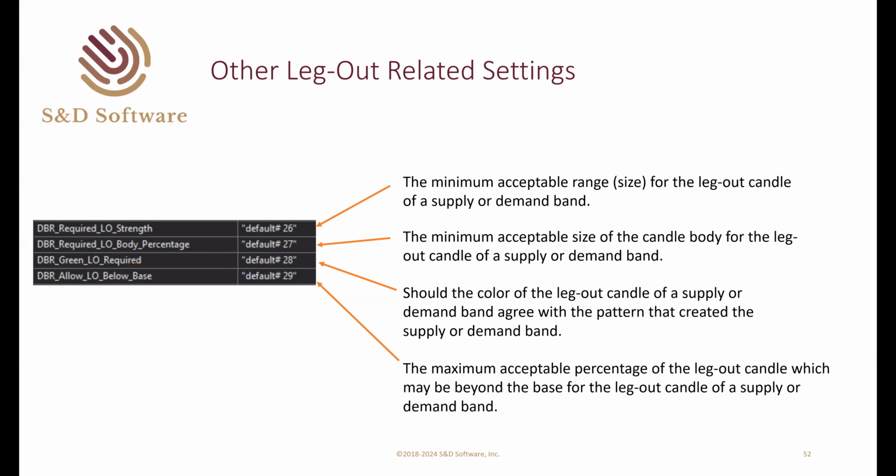Now, some people don't care what color the leg out candle is, but there are times and reasons why you certainly may want to consider the color, and we'll see an example of that later. But if the leg out candle is not green, then we will not turn it into a demand band in this case, since it is a DBR.